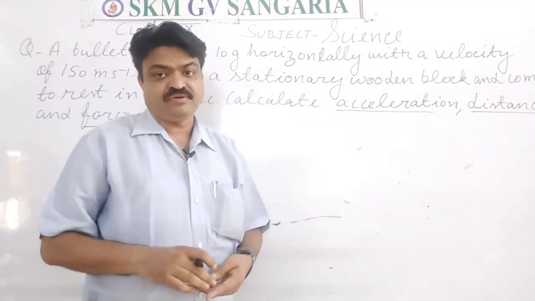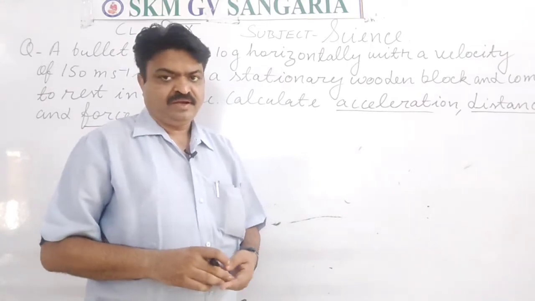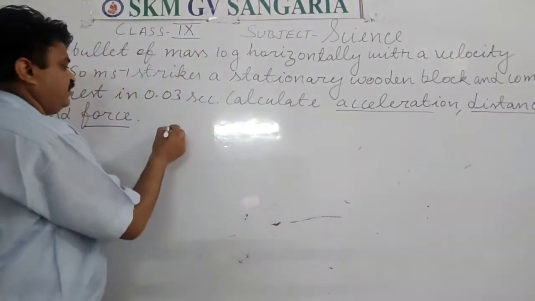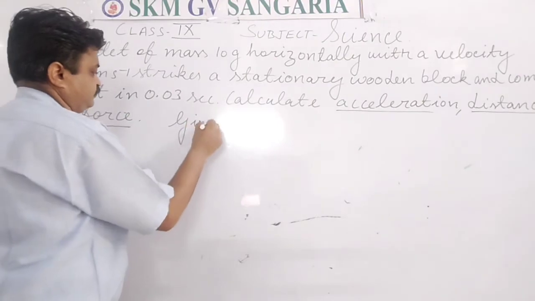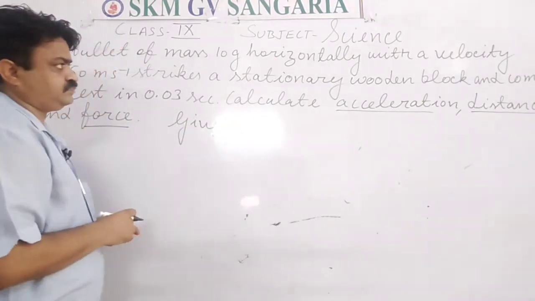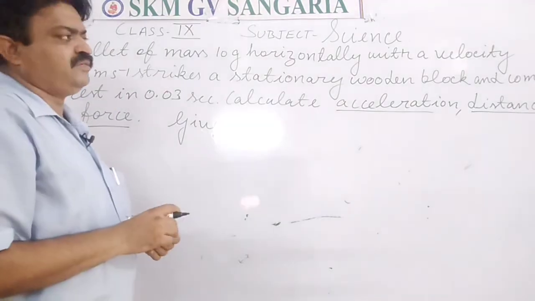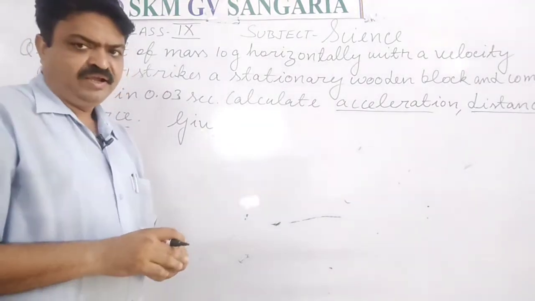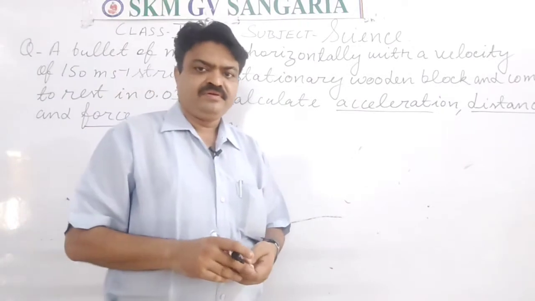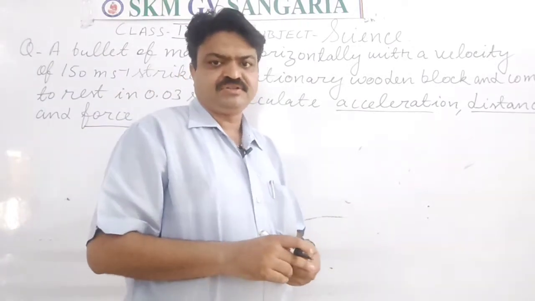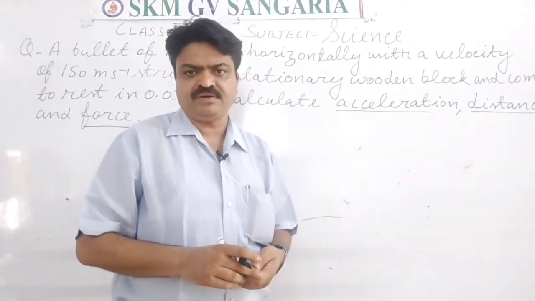Now first you try to understand this question and you can write it like this: given. First, what is given, student? Velocity is given. And is it initial velocity or final velocity? You tell me.